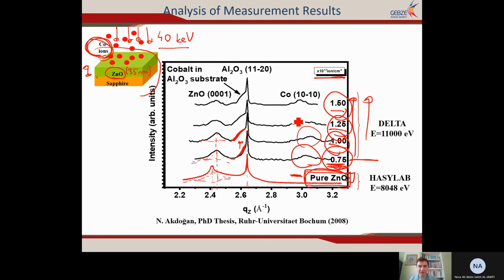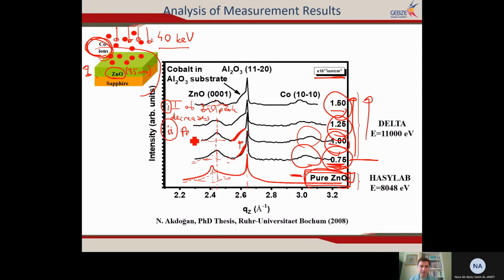If I further increase the cobalt concentration, this peak goes to the right side and the intensity decreases. The intensity of the zinc oxide peak decreases. This is one piece of information from the data. And what about this one? The peak shifts to the right side.